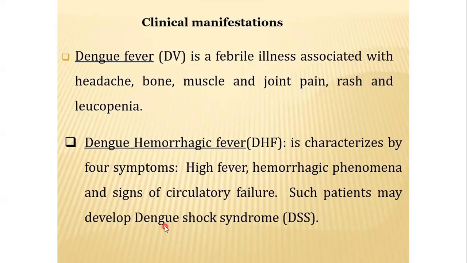And when there's not enough oxygen going to the tissues, what happens to the organs? They end up dying. So that is a very bad complication for dengue. You start with the febrile illness, then you go to these non-specific symptoms. As you progress, you'll have dengue hemorrhagic fever, and then finally dengue shock syndrome, where you die.